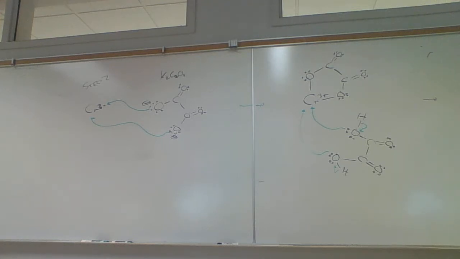Or oxalic, it was oxalic acid, now it's oxalate. What happened to the acid part? It gets kicked off, and so we'll end up with two H pluses out here somewhere in solution. And so those H pluses got knocked off.